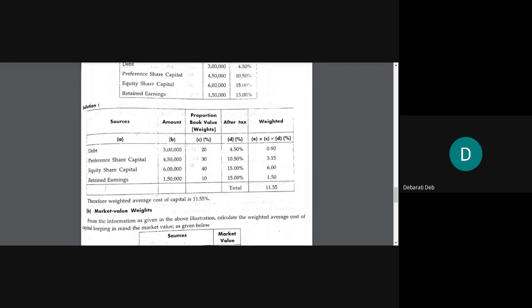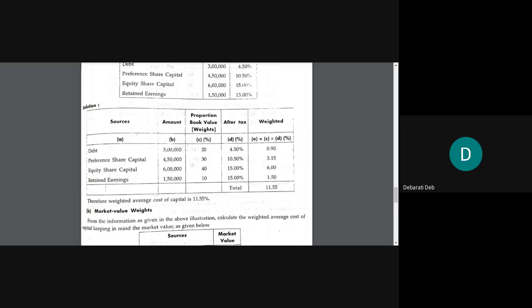Fourth column is after tax cost. And the fifth column is weighted cost.